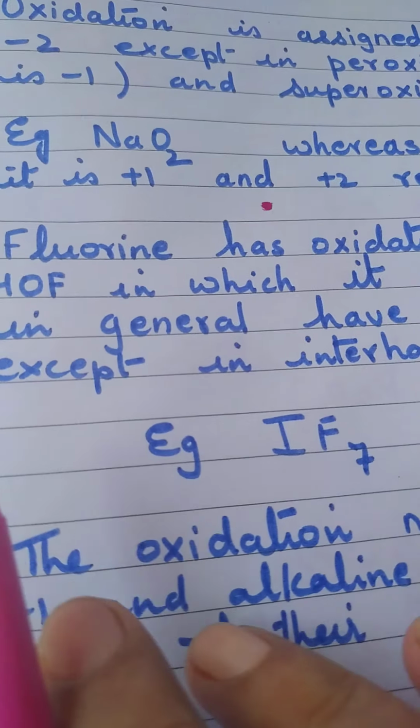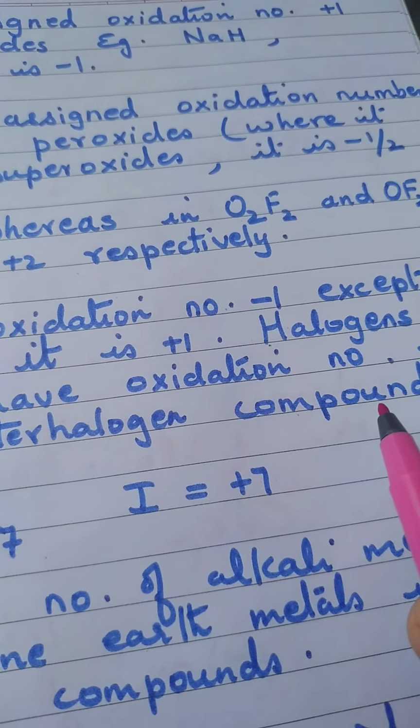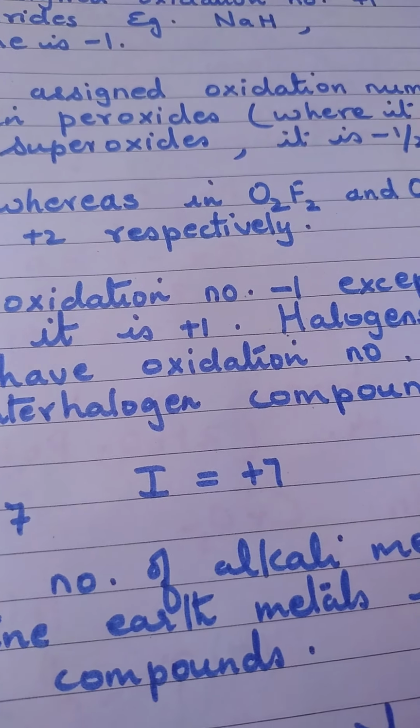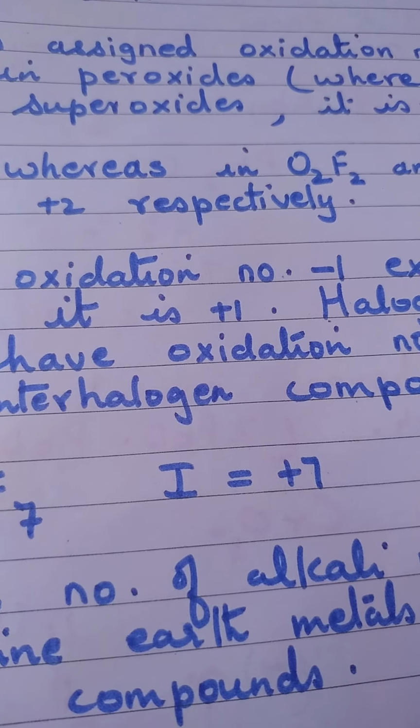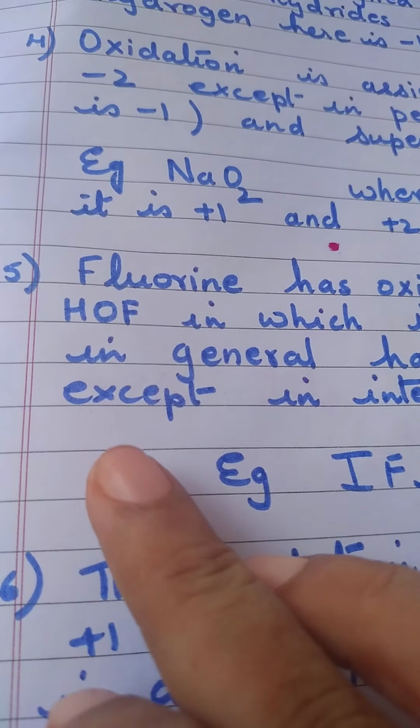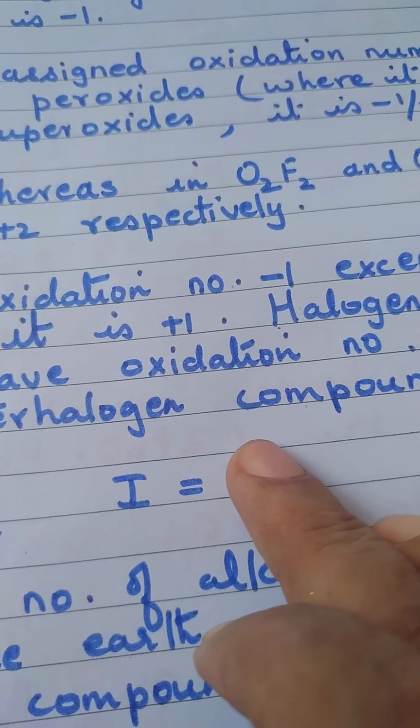Then also, halogens in general have oxidation number -1 because they have 7 electrons in the valence shell and have a very strong tendency to accept 1 electron. So they will always have charge -1 and they are highly electronegative, except in interhalogen compounds.